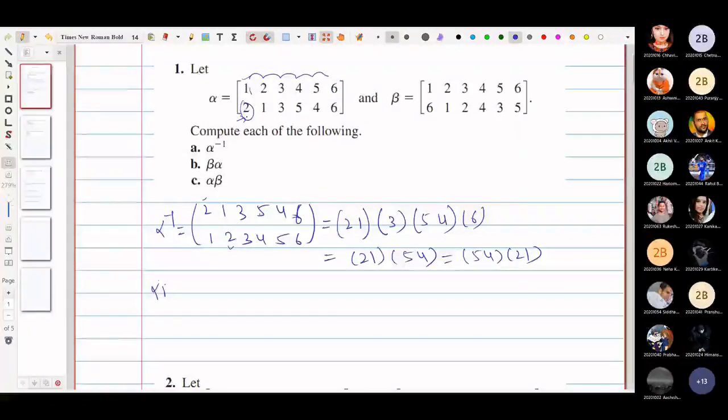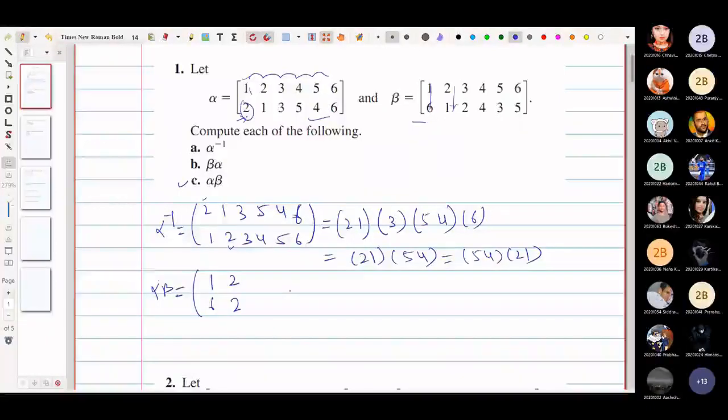Let me find one of them out for you. If you are writing alpha beta, we take one on the left and the other on the right. So 1 goes to 6, and 6 goes to 6 in the alpha. Let us take 2. 2 goes to 1, and then 1 goes to 2, so 2 is fixed here.